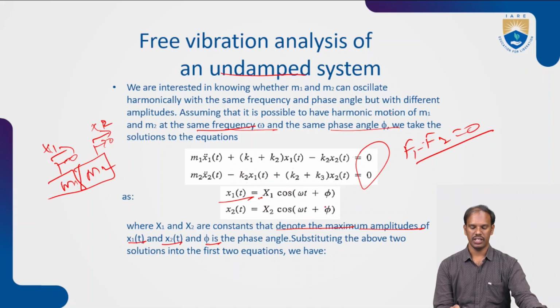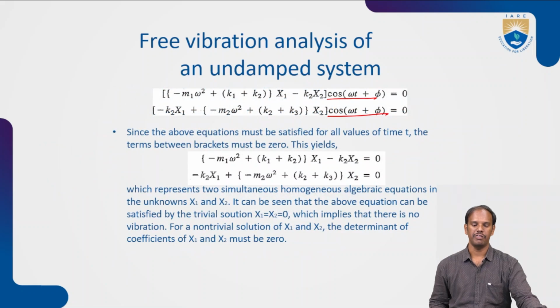So this equation has been taken in this form of x1t and x2t, and we insert them into the equation of the undamped system. Once inserted and rearranged, we get minus m1 omega square plus k1 plus k2 of x1 minus k2 into x2, times cos of omega t plus phi, which is equation 1.